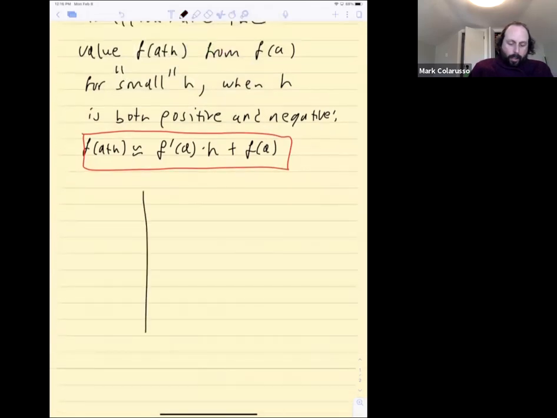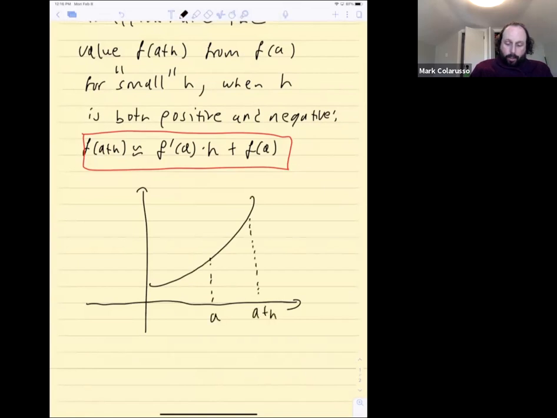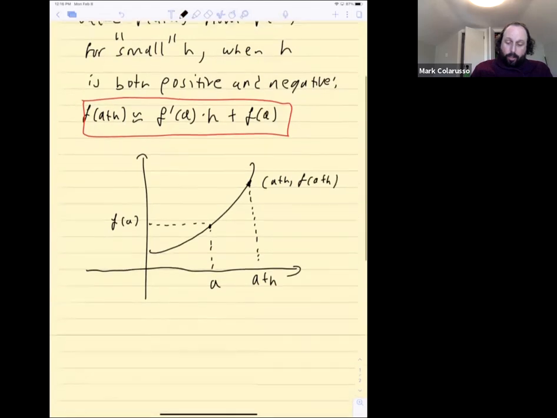And the idea, again, is that this is just using the tangent line. So if you have your function f, here's a, here's a plus h, here's the point a, f of a, and this is the point a plus h, f of a plus h.